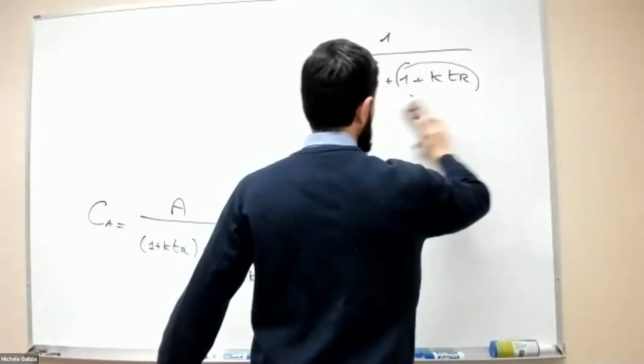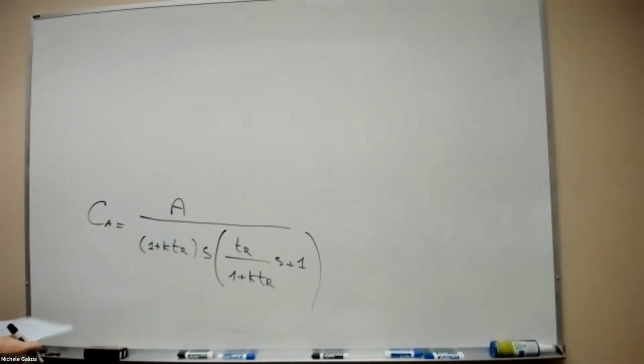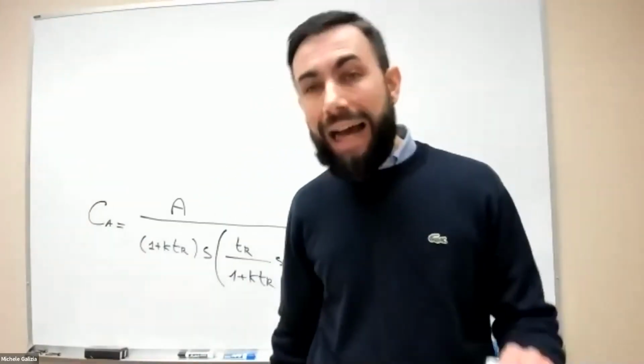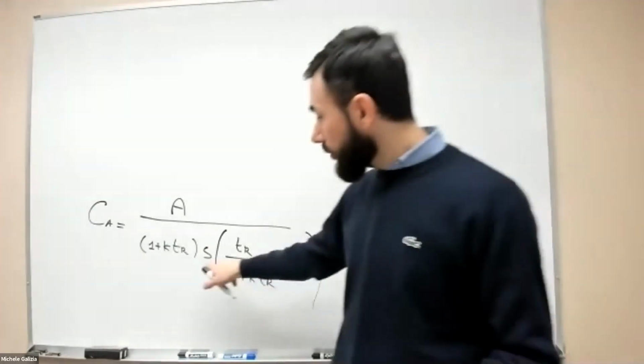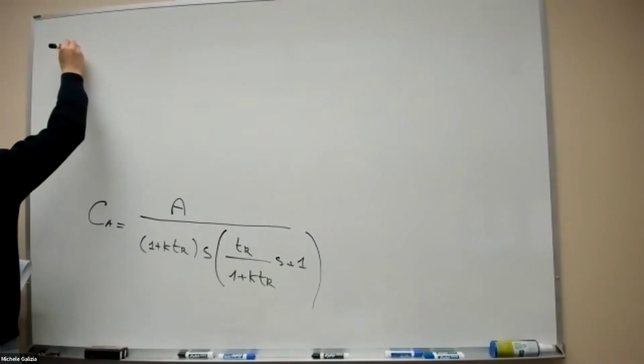Now, this is basically the response in the Laplace domain. We have to anti-transform this back to the time domain. This is a very easy anti-transformation, because you can find in the table the anti-transform of this.